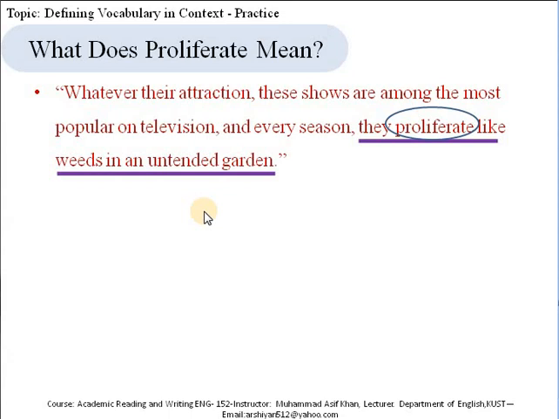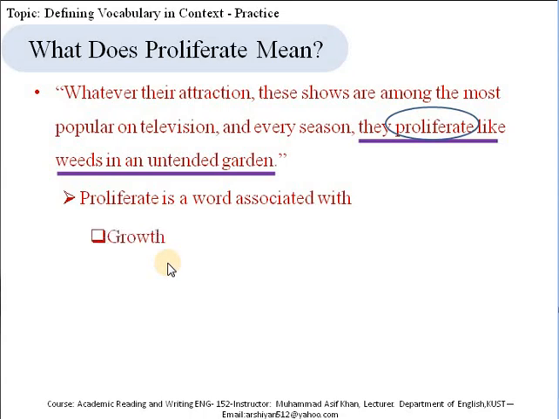You know, for example, that these shows proliferate like weeds in an untended garden, which means a garden not cared for, looked after, or neglected. Therefore, you can answer this question: proliferate is a word that is associated with growth, reduction, or disappearance.